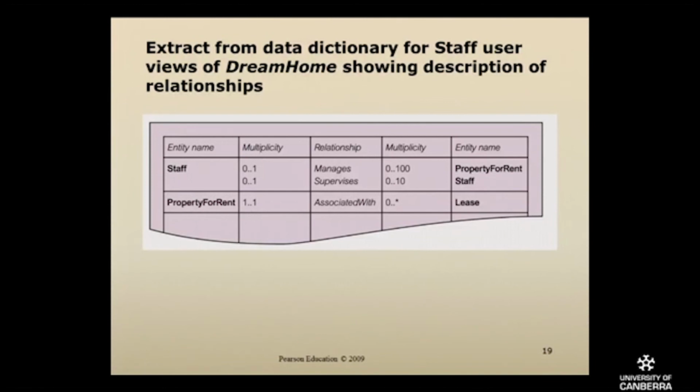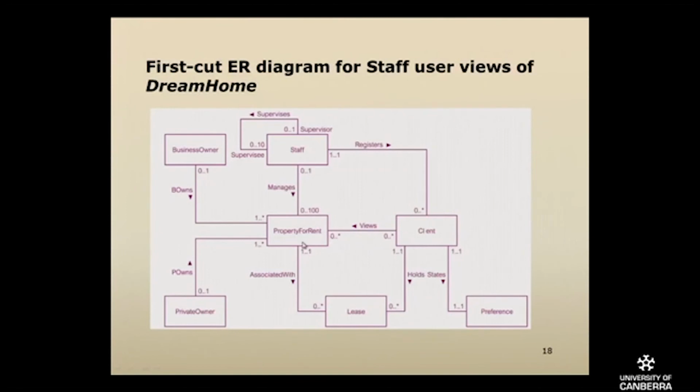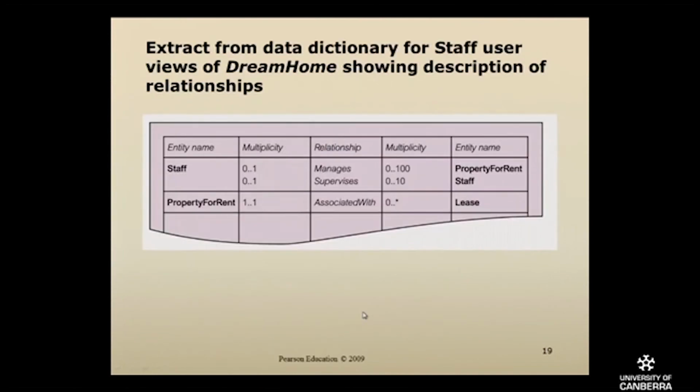So if you go through this methodology step by step, it's all built up on each other. So now you have got this information. Right? For example, property for rent has a one-to-many relationship with the lease. So this is the document that comes as part of your data dictionary.